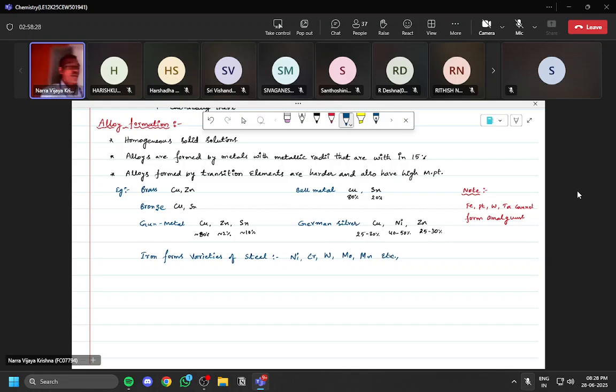Chrome steel, right? For example, alnico. Alnico means aluminum, nickel, cobalt. As such, we will have different steels.